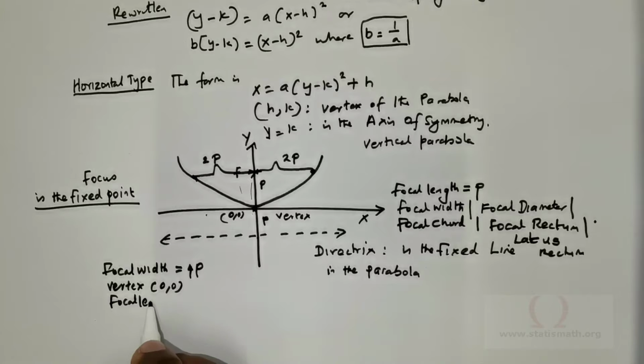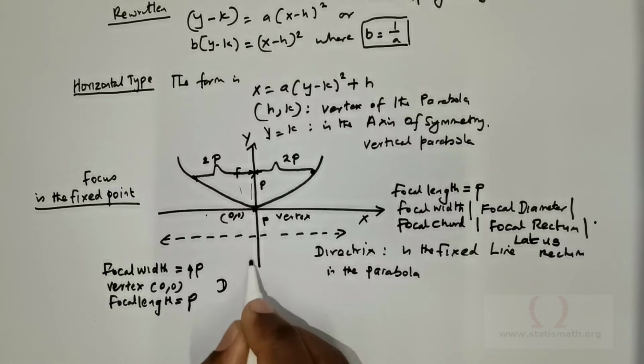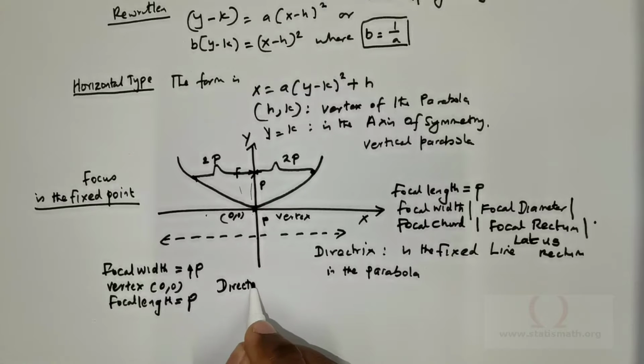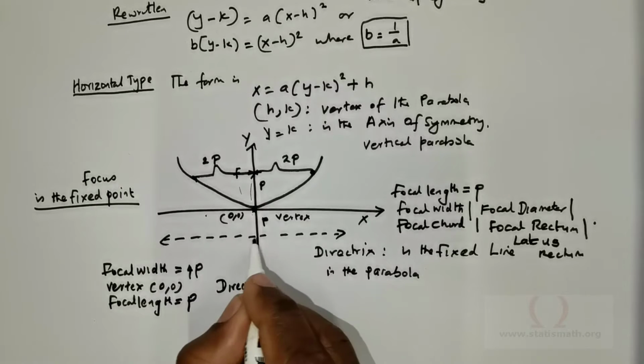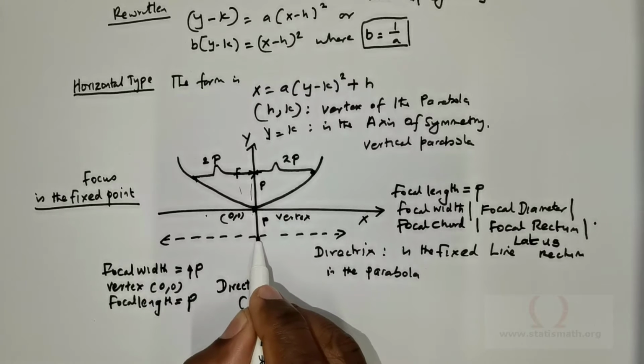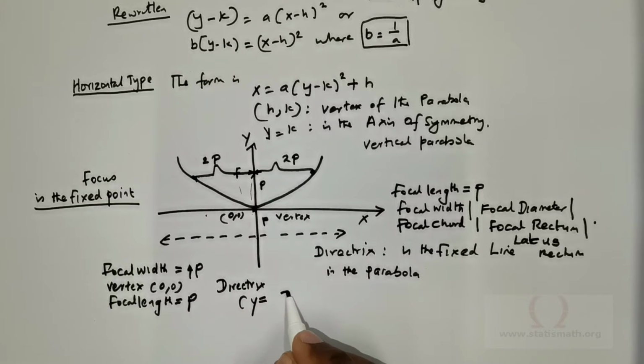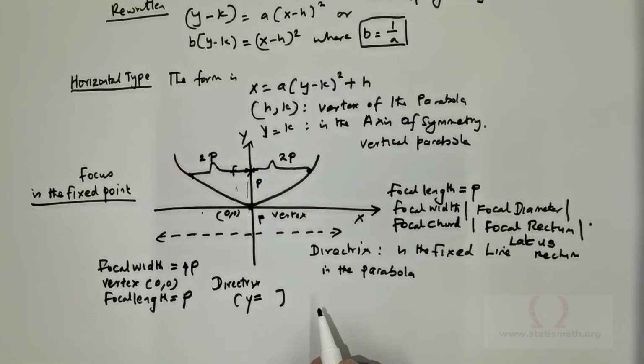The focal length for this is going to be p units. The directrix is given by whatever value that the line crosses through. Okay, we don't know it here, so the directrix form would be in this fashion.